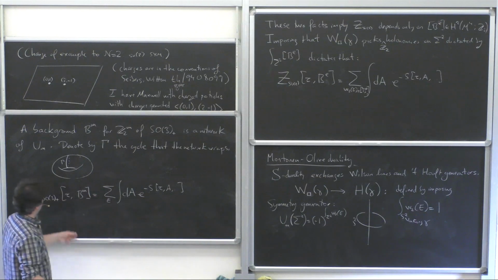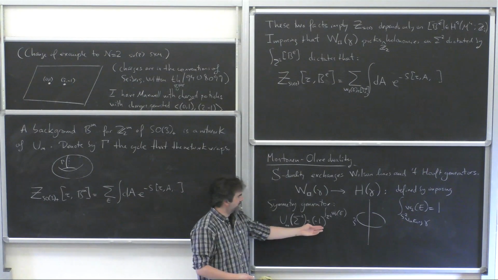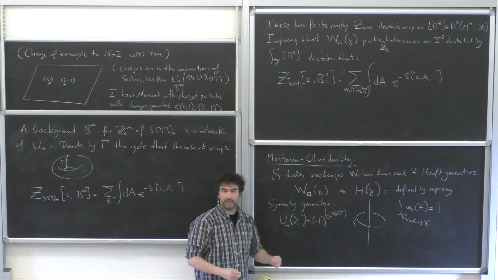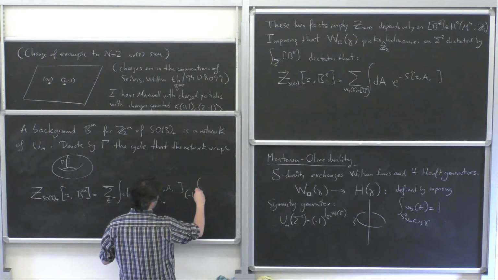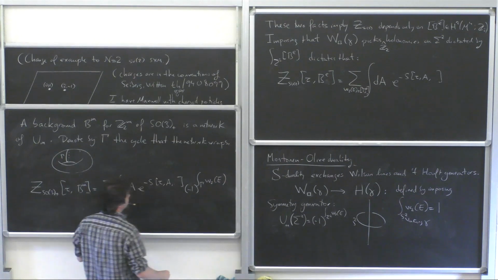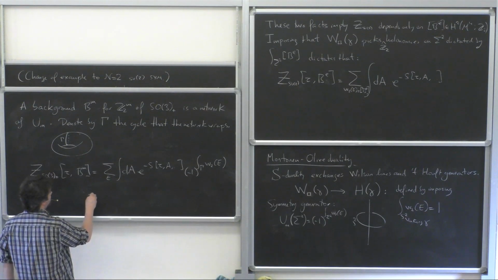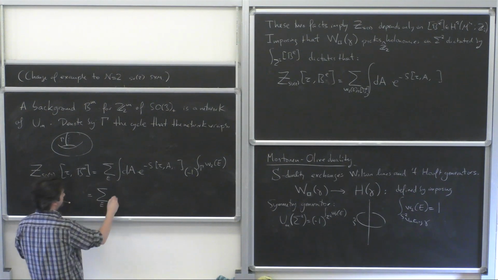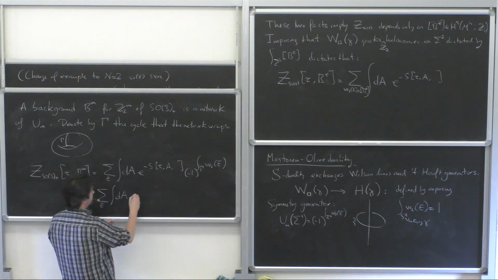But now I have to insert these operators. What are these operators? They are -1 to the power of the integral of where I'm putting the operator, and I integrate W2 there. So this is -1 to the integral on gamma of W2 of E. And this is a bit more convenient to write as sum over E, integral over dA. Here both are closed, so I can use Poincare duality.